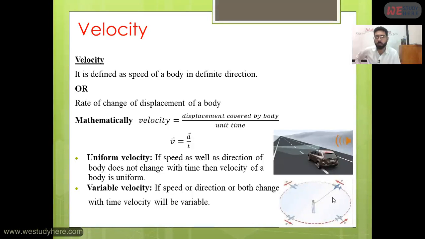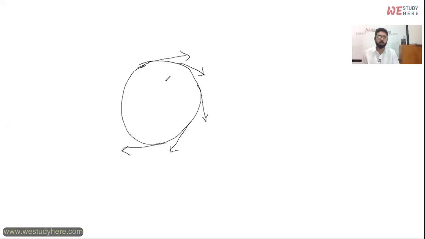The body is moving with uniform speed in circular motion, but the direction changes at every instant. So due to the change in direction, its velocity is variable. This velocity of the body is called variable velocity. The speed does not change, but the direction changes at every instant.